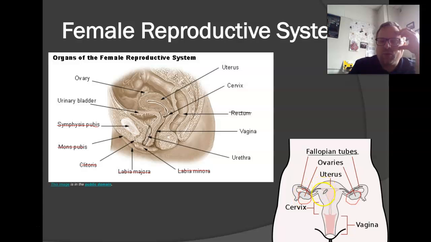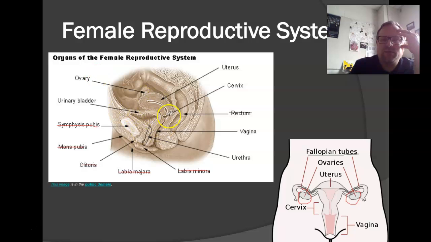And the uterus is a muscular structure, just like the vagina, and it's where an embryo and fetus will develop as pregnancy ensues. So those are the structures you need to know and don't need to know based on these diagrams.